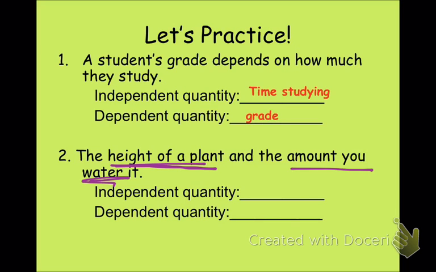So height comes second and water comes first. You can control how much water goes into the plant, which then affects how much it's going to grow. So water comes first, which is our independent, and our dependent is how much it grows based off the water. So the height depends on the water.